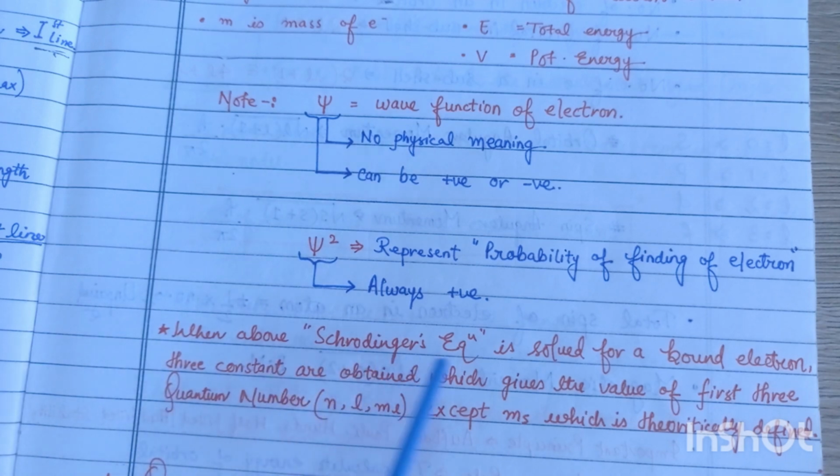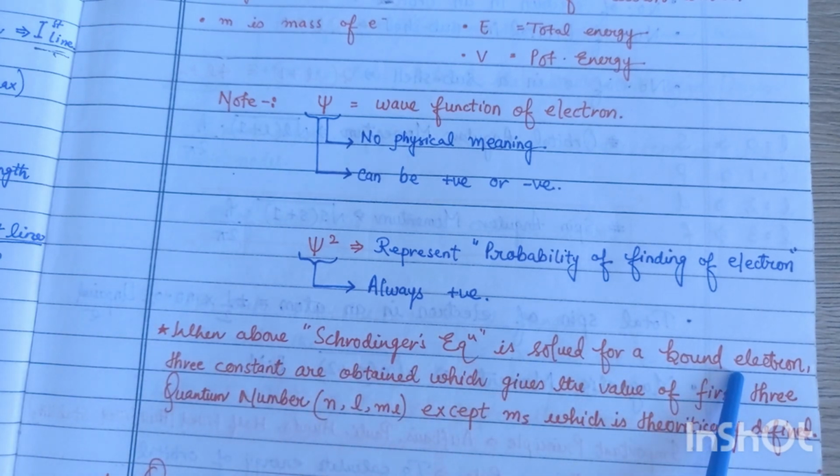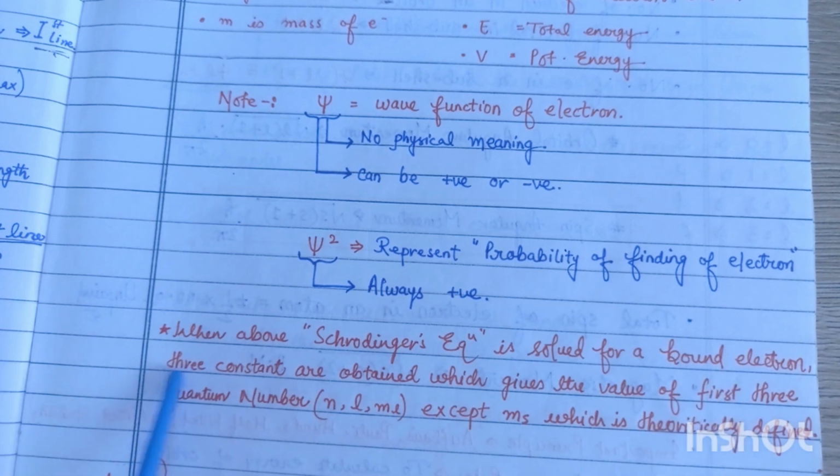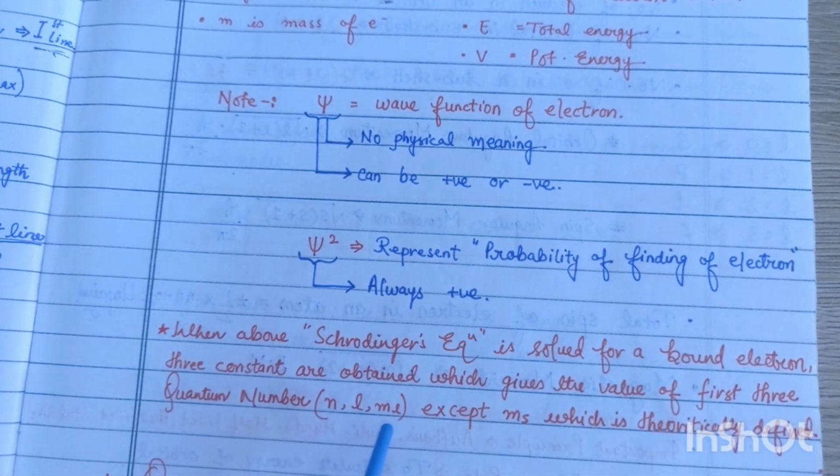When the above Schrodinger equation is solved for a bound electron, meaning an electron whose position is to be determined, three constants are obtained, which give the values of the first three quantum numbers, n, l, ml, except ms, which is theoretically defined.